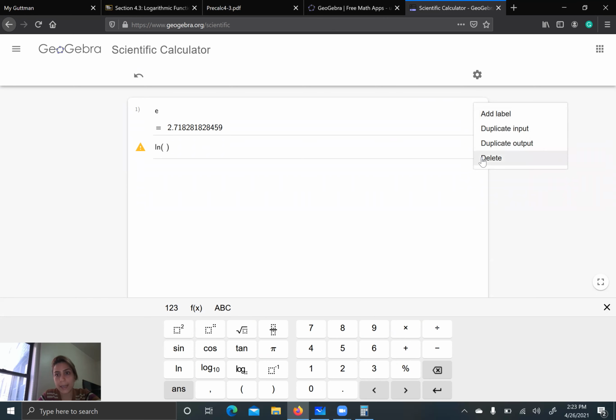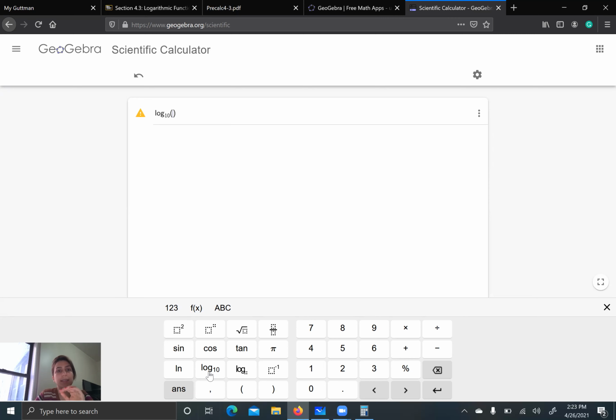On GeoGebra, you can see three logarithmic functions. This one gives you ln. This means that this is a logarithm with base e, so this is natural log of x, right? And the second one is this guy.